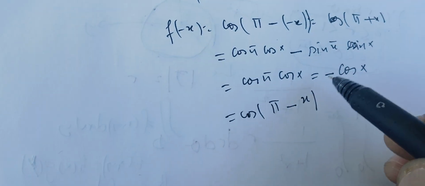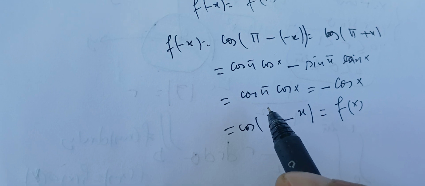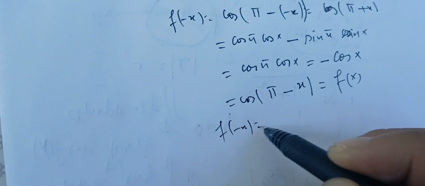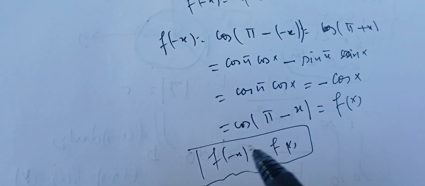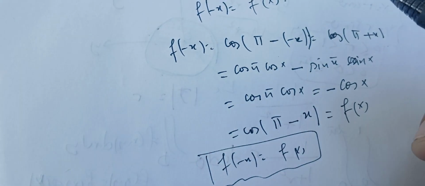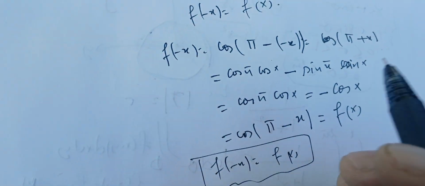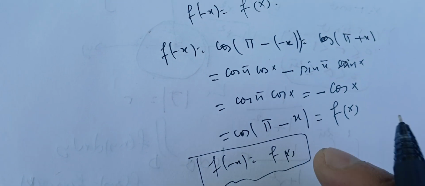And this means that this is just f of x. And this proves that f of minus x is f of x. Here we had to use the properties of the cosine with the shifting by pi to prove that f of minus x is f of x, and therefore f is even.